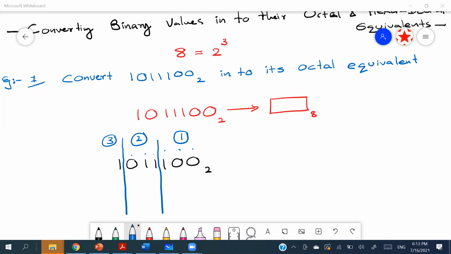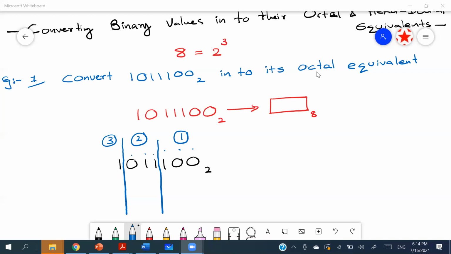Yeah, people, is this clear what I have done so far? Can I have the confirmation, please? Yes, sir. Right, great. Yeah, Chanuri, yeah, Dua, what we have done is we have taken the given binary value and started grouping it into 3-bit groups.